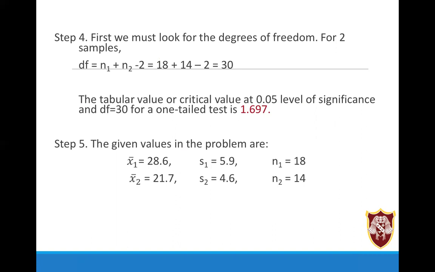So the lower the standard deviation, the closer the values are, right? So here in the given standard deviations, we know that the values in the second sample are closer as compared with the scores of the students in the first group. N sub 1 is 18, so this is the sample size for the first group. And then for the second group, we have 14.